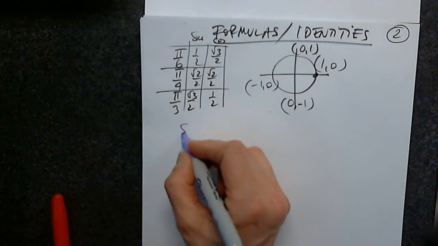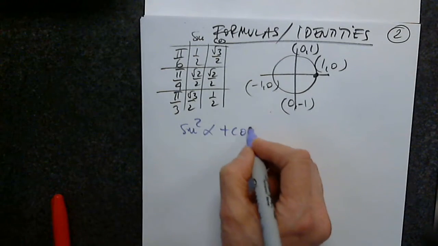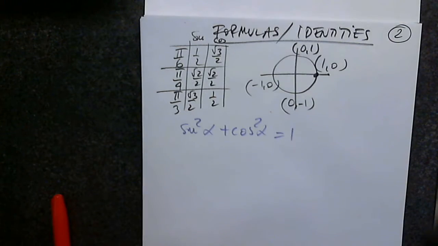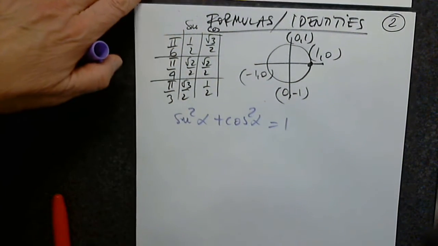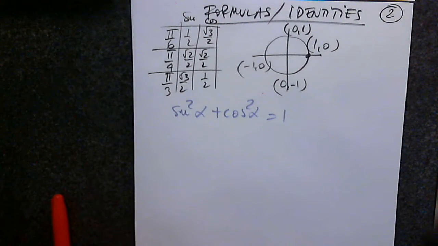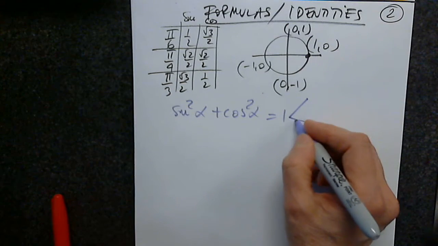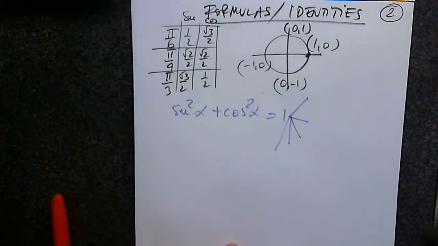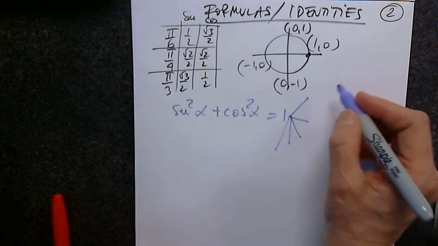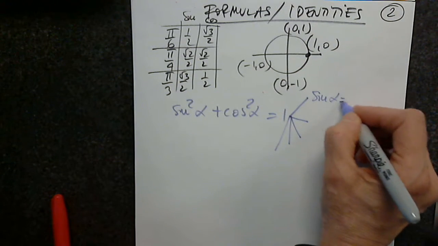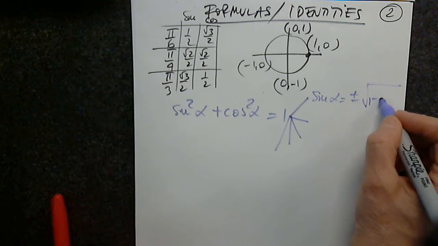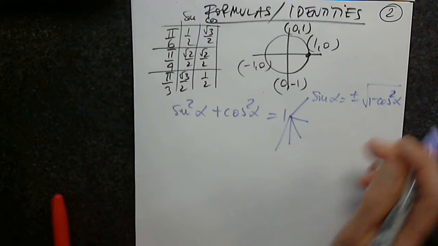We need to remember that sine squared alpha plus cosine squared alpha equals 1. And the ones that come out of this one, there are several. One of them is sine alpha equals plus or minus the square root of 1 minus cosine squared alpha.